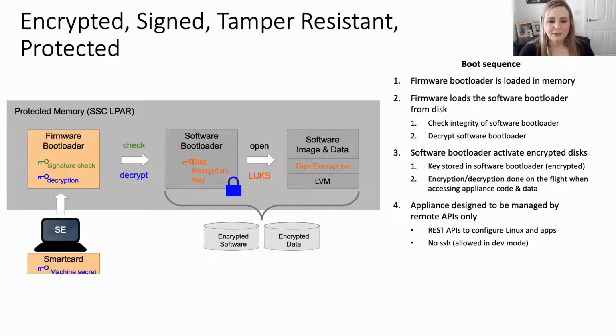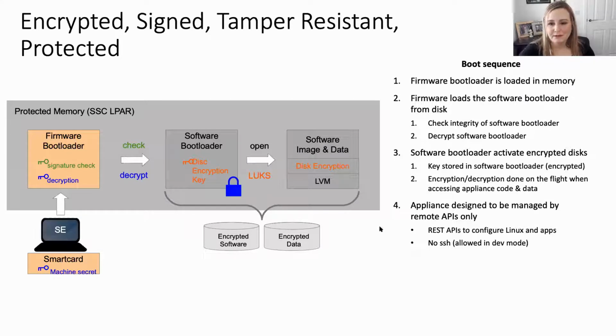And when you do, you're basically going to pass a machine secret. And so you're going to say, let's boot up this secure enclave, and here's my key to show that I have the access to do that. So the bootloader is going to verify my secret, and it's going to then be able to load that into memory. When it loads that into memory from disk, it's going to check the integrity of the software bootloader, and it's going to decrypt that software.